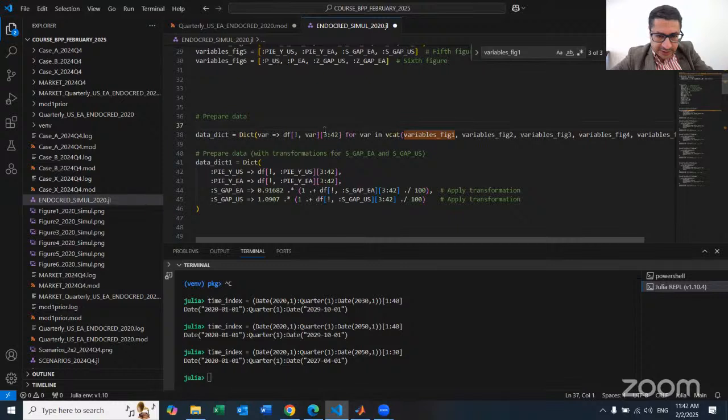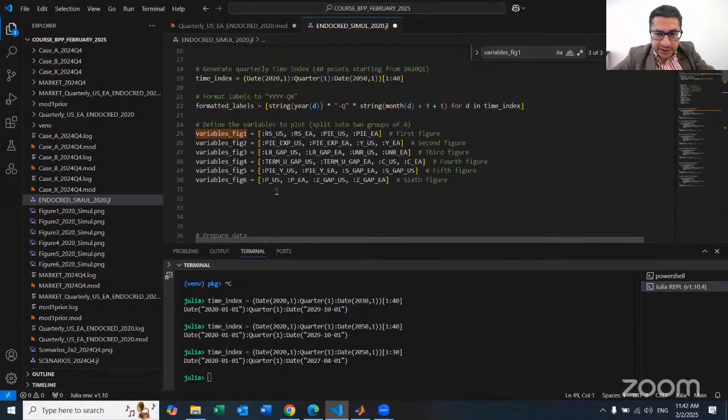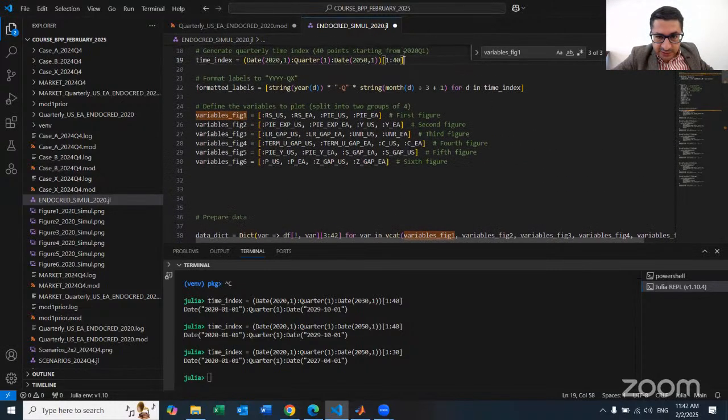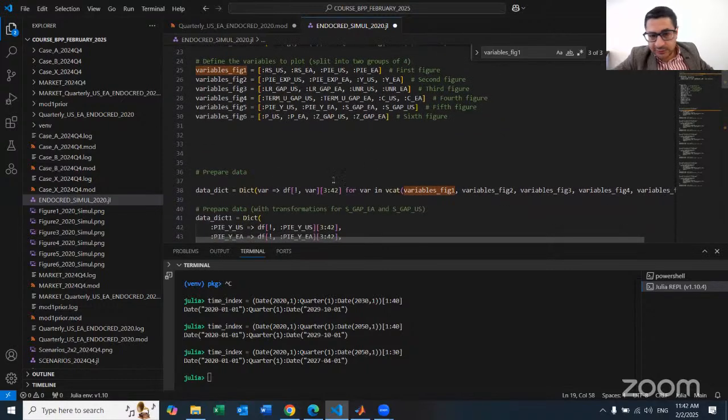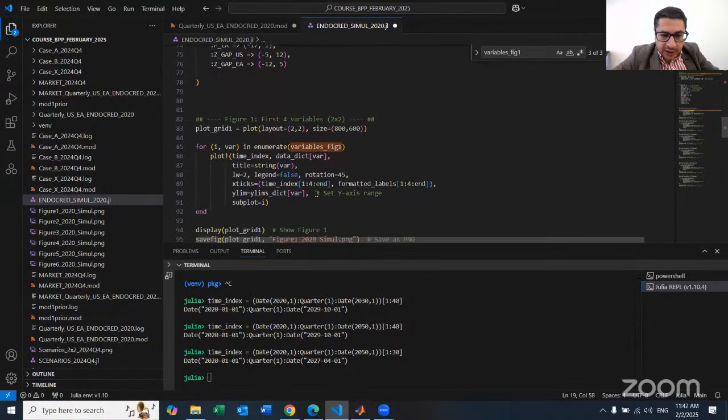First, take all the variables from 3 to 42, otherwise 40 periods or 10 years. And here the same: take from 1 to 40 the quarterly dates. So the sizing should be similar, 40 on both sides.